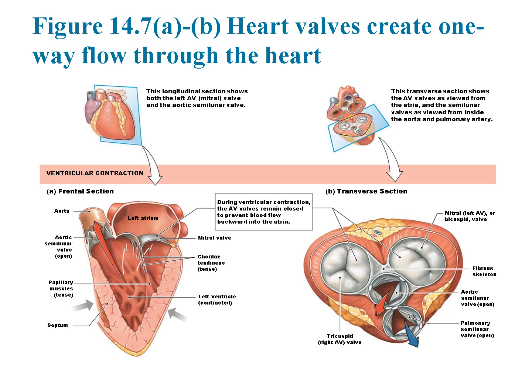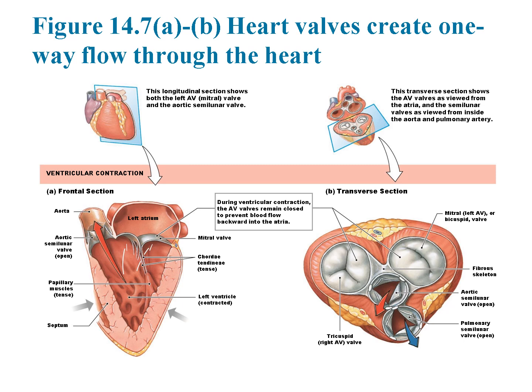During ventricular contraction, the AV valves remain closed, ensuring that blood is ejected forward into the arteries rather than flowing backward into the atria. The chordae tendineae, which are tense during contraction, prevent the valve flaps from everting under the force of high pressure.